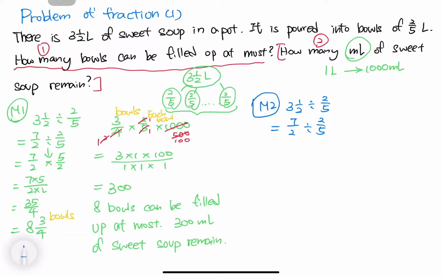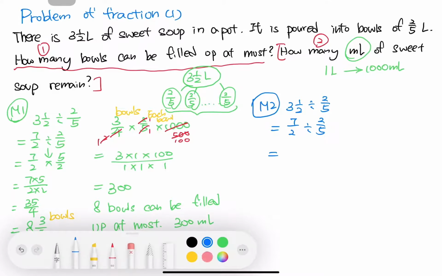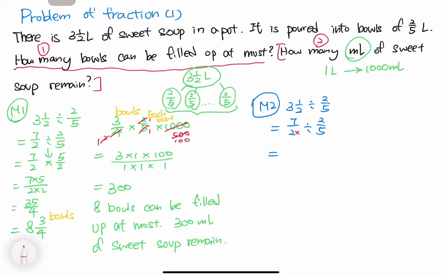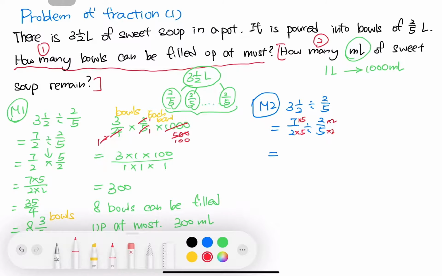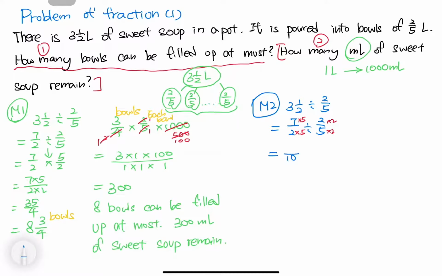And then the second step, we change these two to have the same denominator, and you get 35/10 divided by 4/10.